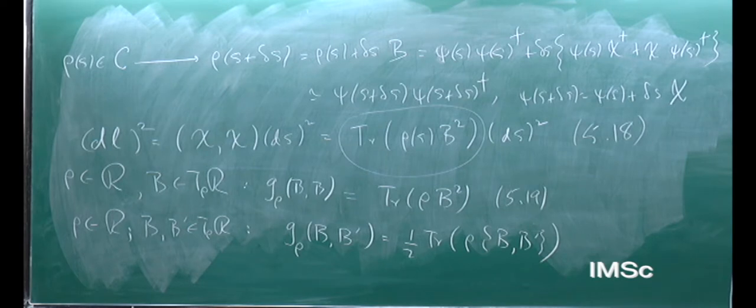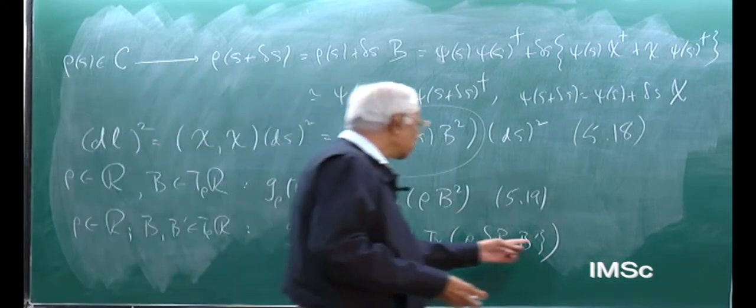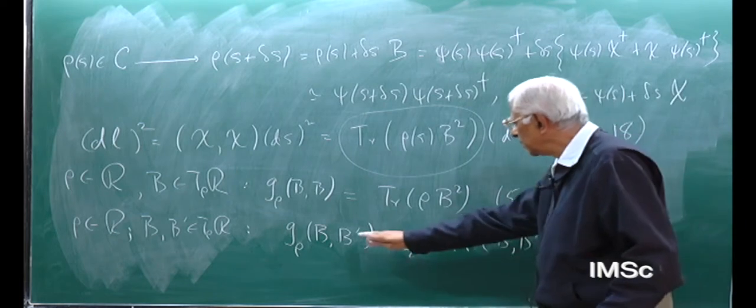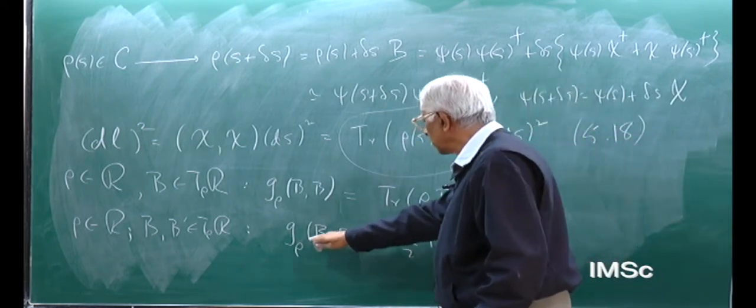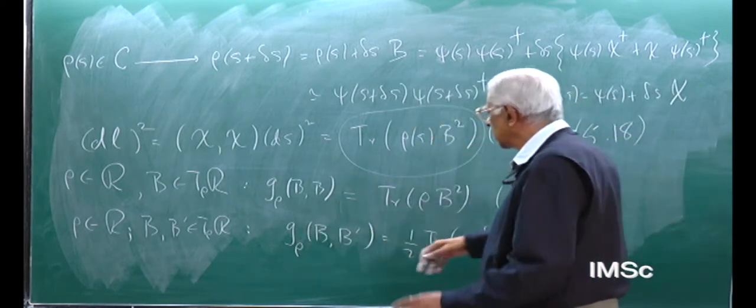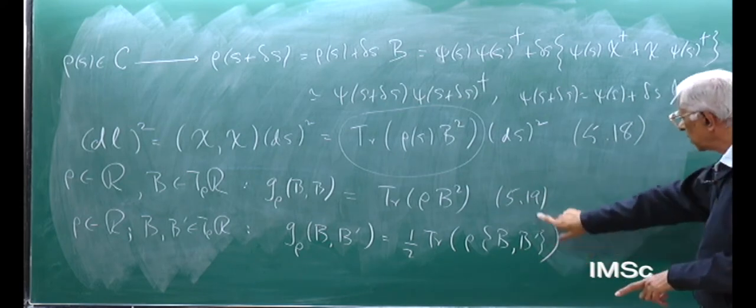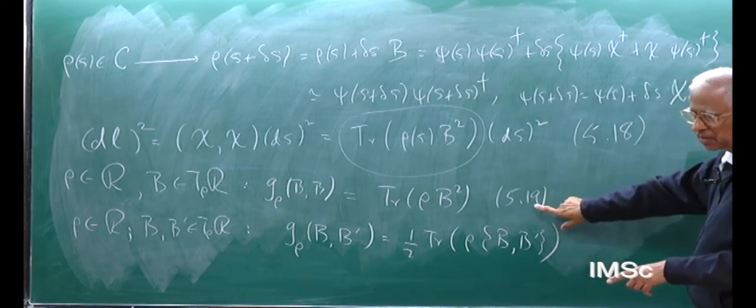It's a unique prescription. That's called the procedure of polarization. So this expression for the way in which the Fubini-Study metric tensor acts on a pair of tangent vectors follows unambiguously from the previous one.